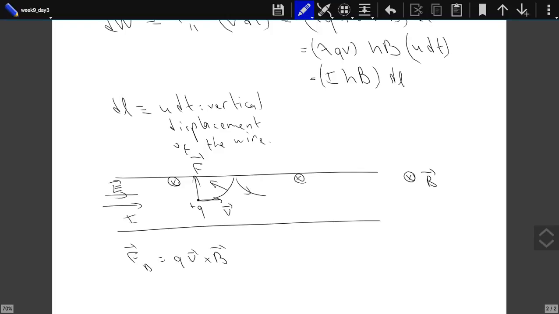And once it hits the surface, these charges exert a force on the wire because the wire is exerting a force on them. So again, the magnetic field doesn't do any work, but it rotates the direction of the force that is doing the work. It is actually this electric field that is doing work, which causes the wire to be pushed upward.